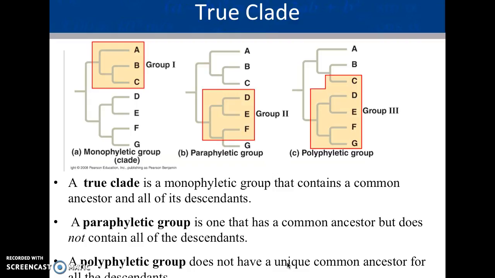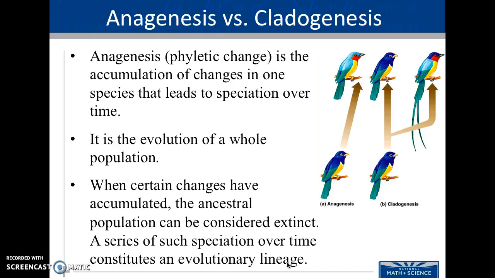And then a polyphyletic group does not have a unique common ancestor. We see that C on the far right does not have a common ancestor with D, E, F, or G, but is included for some reason. Usually we see other relationships for some reason, either via DNA or things like that, that are not shown in the phylogenetic tree.